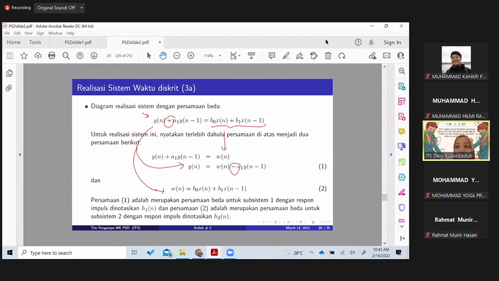Then continue to this slide. After you assume that this is a Wn, you could see that this yn will depend on wn and the shifted version of yn. We call this equation 1 and this equation 2.